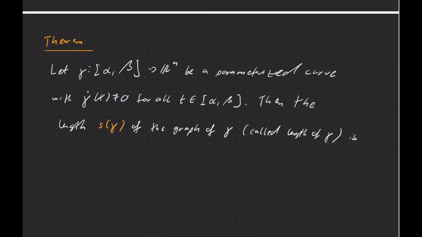And that length is given by s of gamma is equal to the integral from alpha to beta over the norm of gamma dot of t dt. Let's see a quick example to see how this is actually computed.